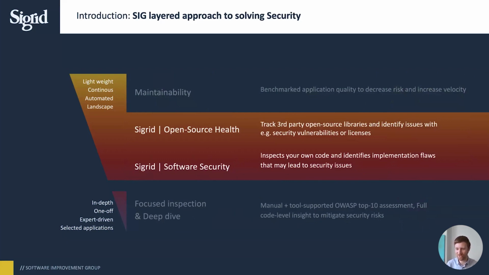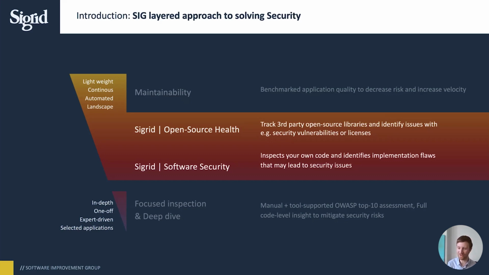Open source health is really about third-party open source code in open source libraries that you use in your system. So that is code that you have not written yourself, but there are libraries that you import. And then Sigrid software security, that goes onto the security of your own code. So security issues that may appear in code that you've written yourself.